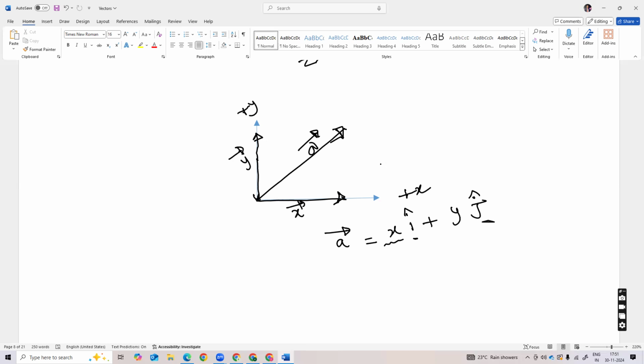So here i is a unit vector in x direction, j is a unit vector in y direction, x is the magnitude of a's component in x direction, and y is the magnitude of a's component in y direction. So this is how we can represent a vector using unit vectors such as i and j, where i and j are used to represent direction, whereas x and y are used to show the magnitude.